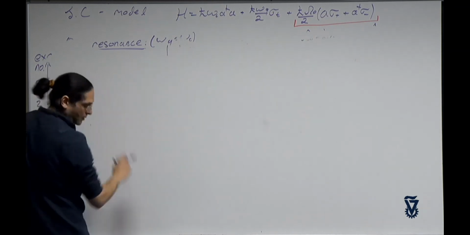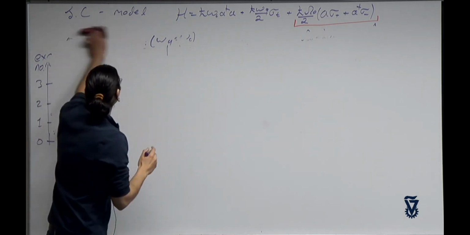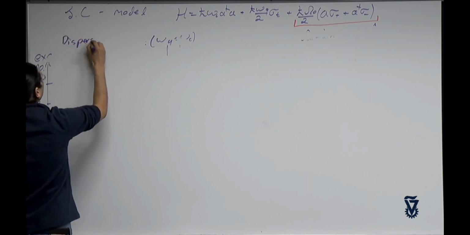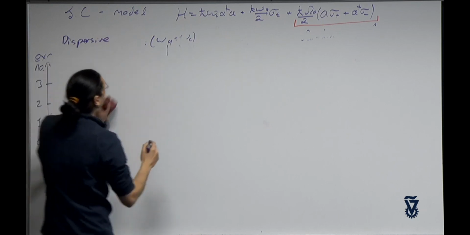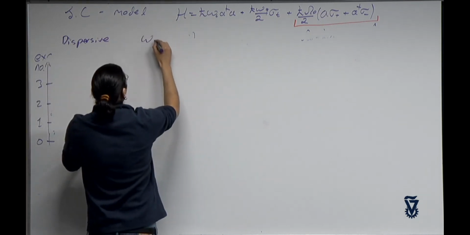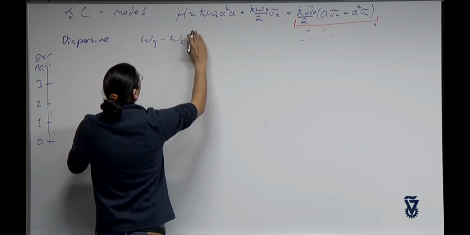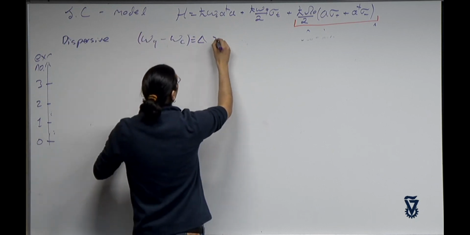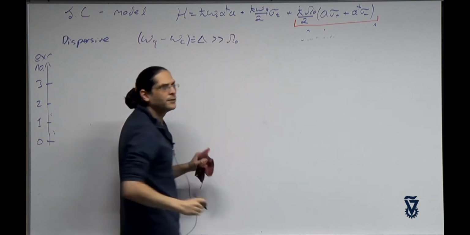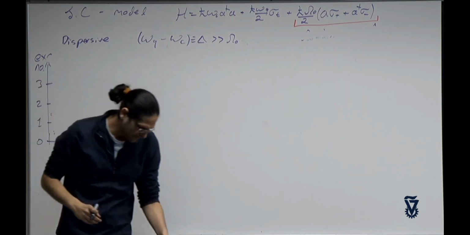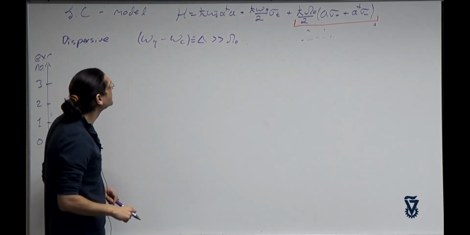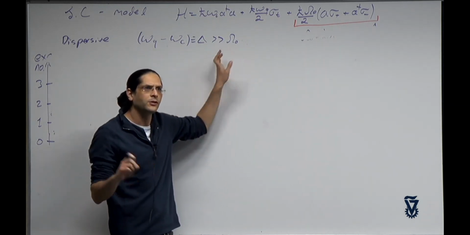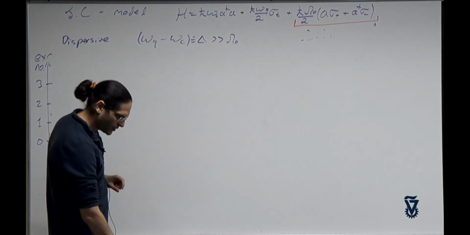Instead of calling it on resonance and off resonance, this is called dispersive, where omega q minus omega c, which we define as delta, is much larger than omega naught. But the Jaynes-Cummings still holds because omega naught is still small. So we're not going out of this regime yet.